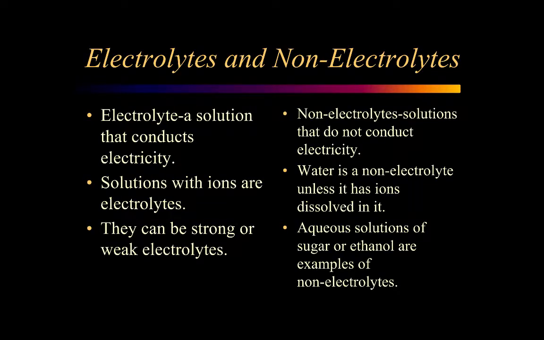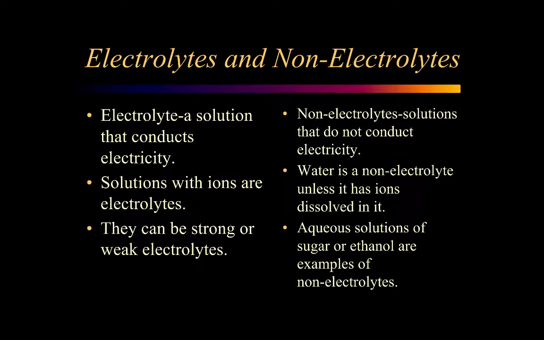All right, so there are two types of solutions that you learned about. There are electrolyte solutions and non-electrolyte. The difference between these two is that electrolyte solutions conduct electricity, whereas non-electrolyte solutions do not conduct electricity. There are a couple of types of electrolyte solutions. Ionic solutions are electrolytes because if you have a salt and it dissolves in water, it is an electrolyte.